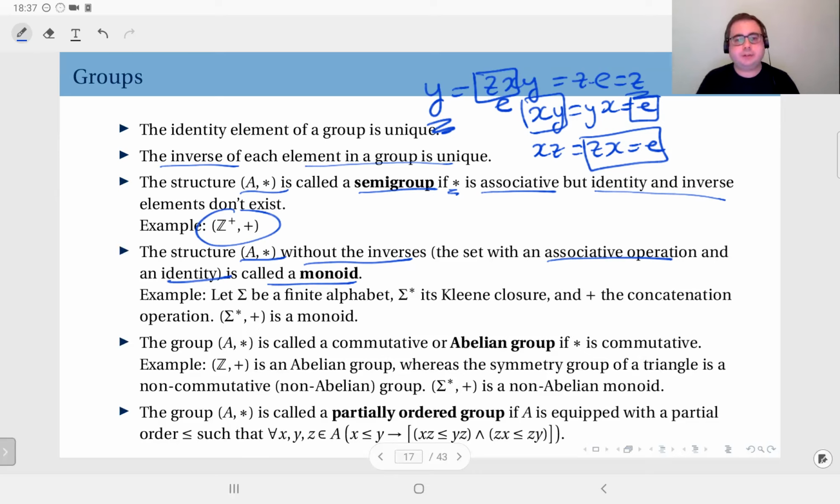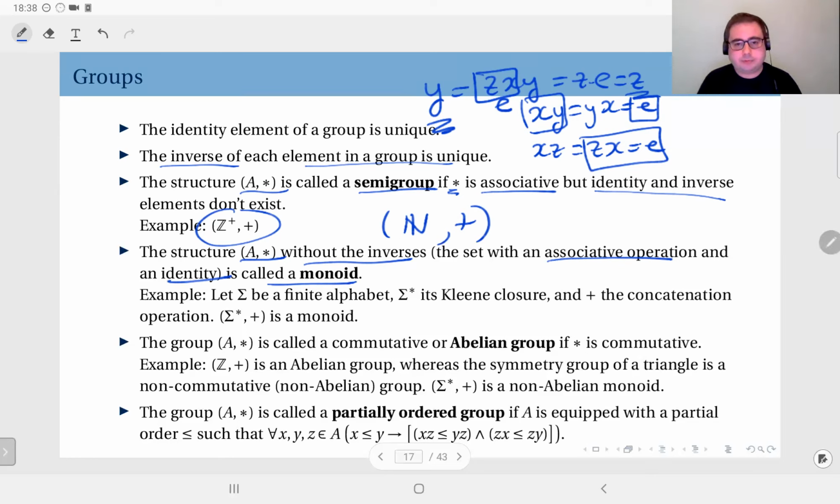A monoid is not a group because you do not have inverses, but it does have an identity element. For instance, the set of natural numbers with addition is a monoid. It does have the identity element of 0, but it does not have inverses.